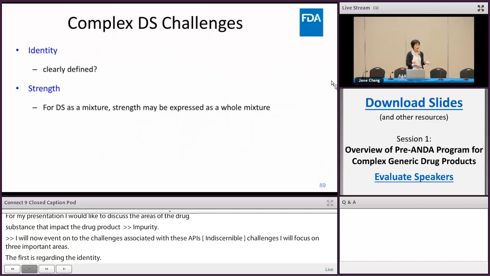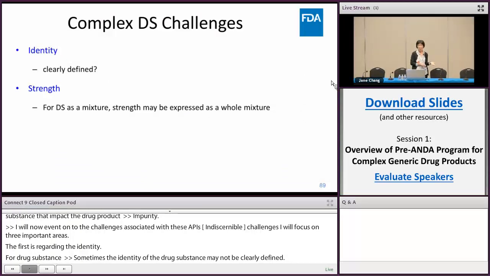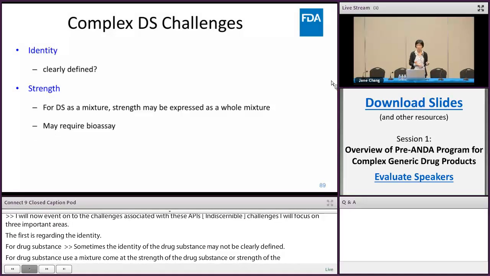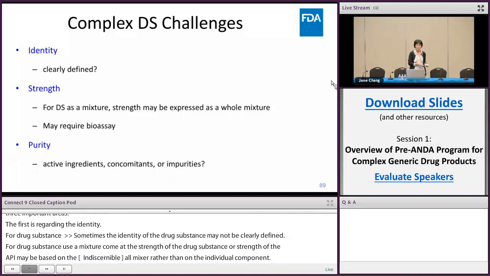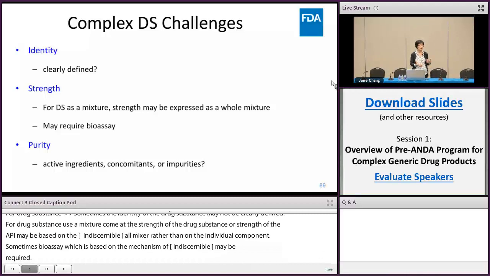Again, for a drug substance that is a mixture, the strength of the API may be based on the whole mixture instead of the individual components. Sometimes a bioassay, which is based on the mechanism of action, may be required. For a drug substance that is a mixture, sometimes the line between active ingredients, concomitants, or impurities may become very blurry. Therefore, it is very challenging to differentiate active ingredients from concomitants or impurities.